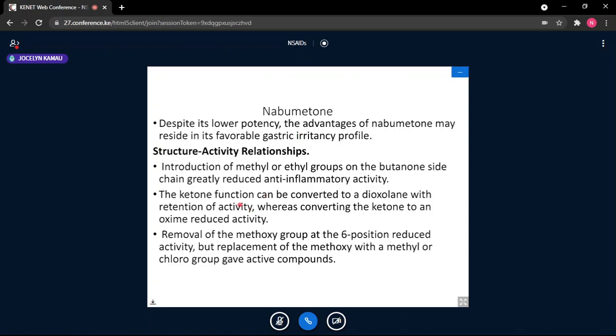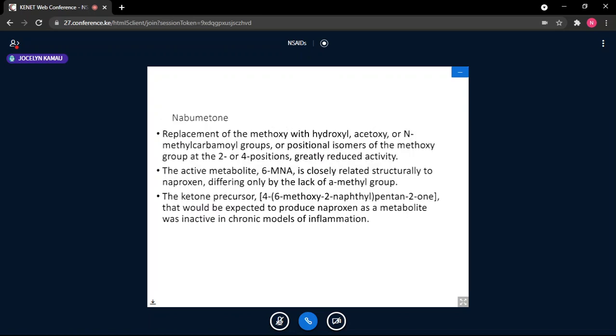Then the ketone function can be converted to a dioxolane with retention of activity, whereas converting the ketone to an oxime reduces activity. We have looked at oximes, so I believe the structure of the oxime is quite clear in our minds.